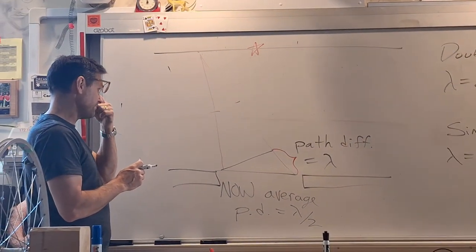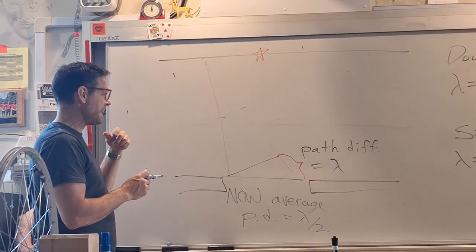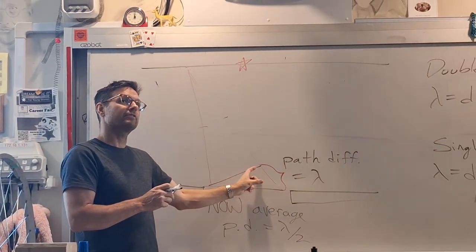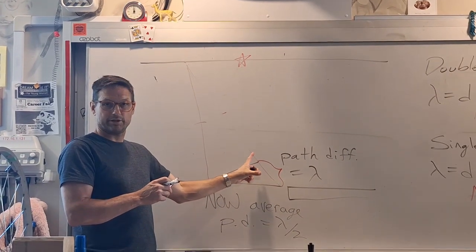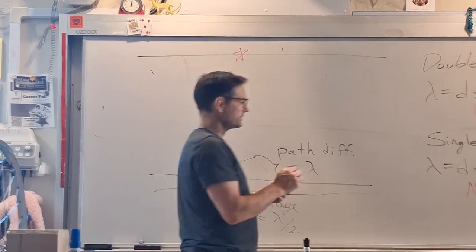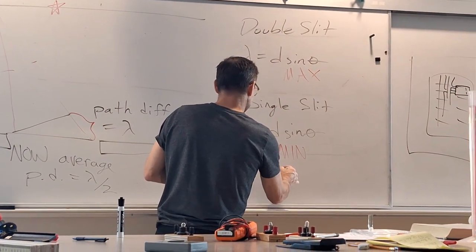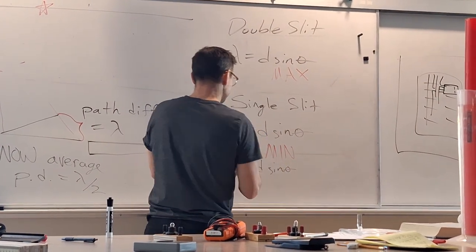And you're going to get a maximum when this is 2 lambda, right? So you have 2 lambda equals d sine theta.